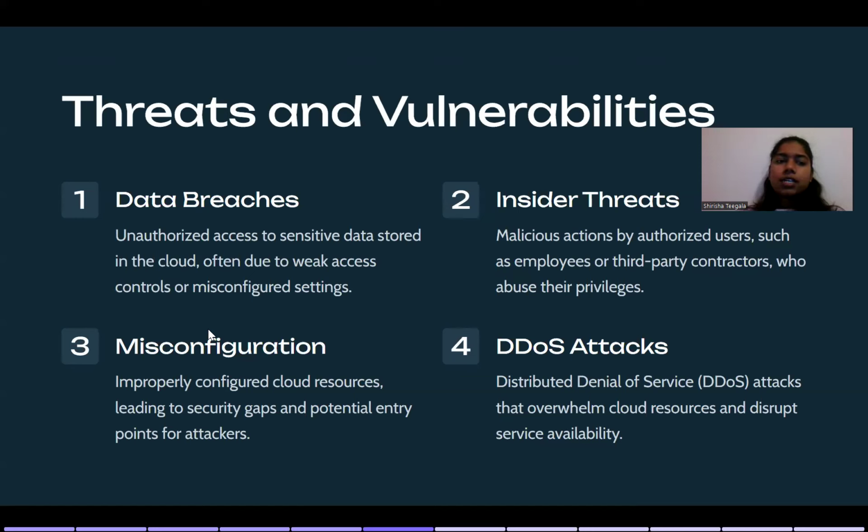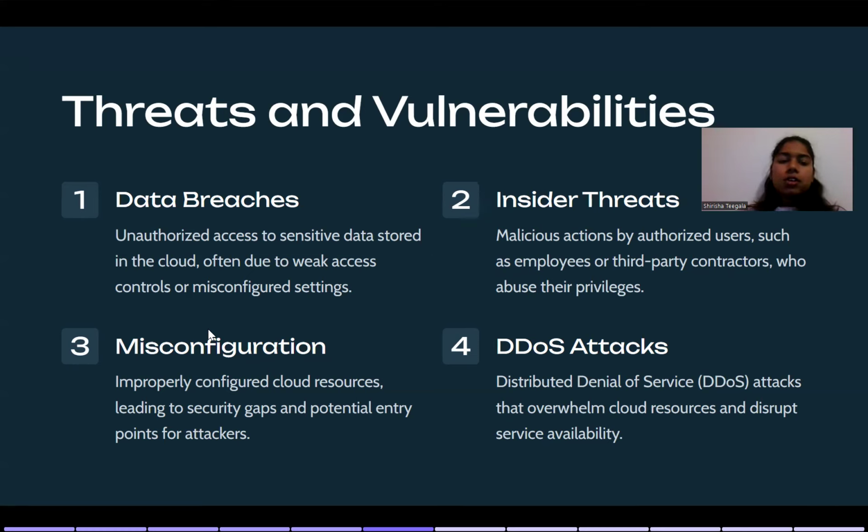Threats and vulnerabilities. Data breaches: unauthorized access to sensitive data stored in the cloud, often due to weak access control or misconfigured settings. Second one, insider threats: malicious actions by authorized users such as employees or third-party contractors who abuse their privilege.